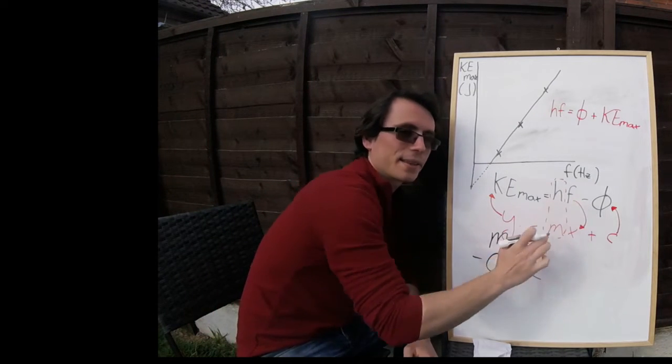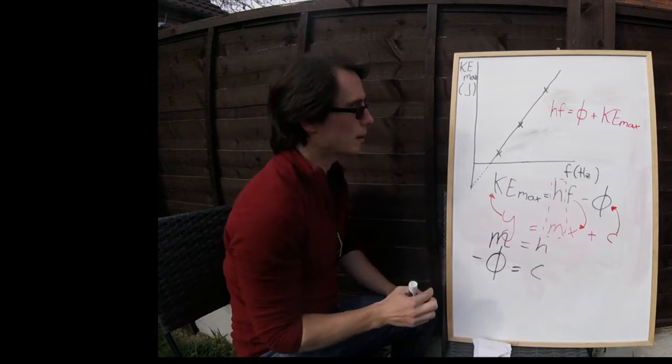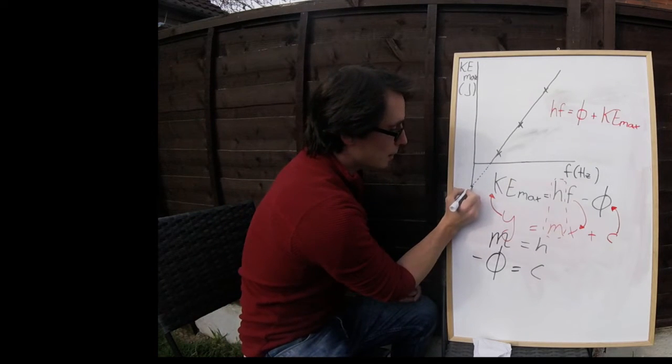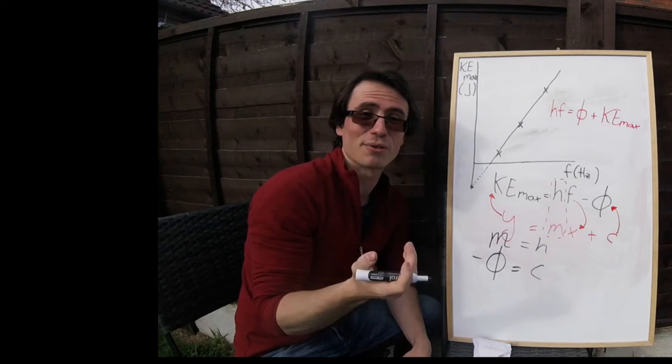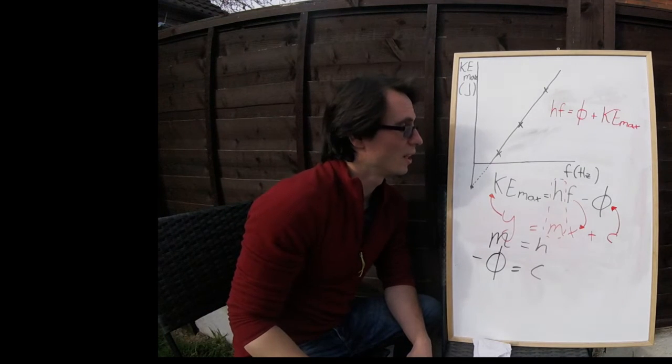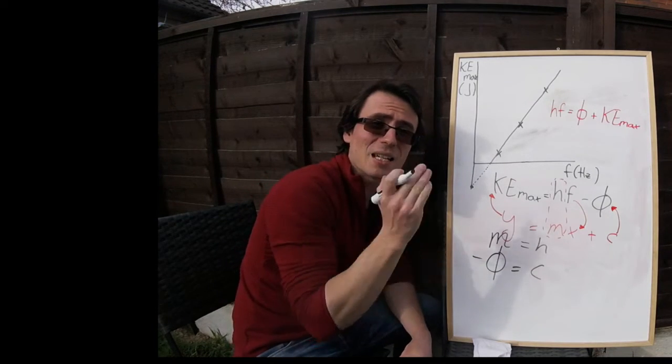Quite a lot of people forget that negative sign, so we just need to be careful with that. Notice that our intercept over here is negative, which is going to give us a positive value for the work function.